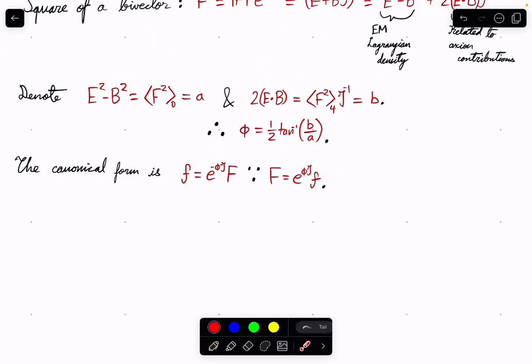So the canonical form can be found and calculated if you know the angle and you know the original F.